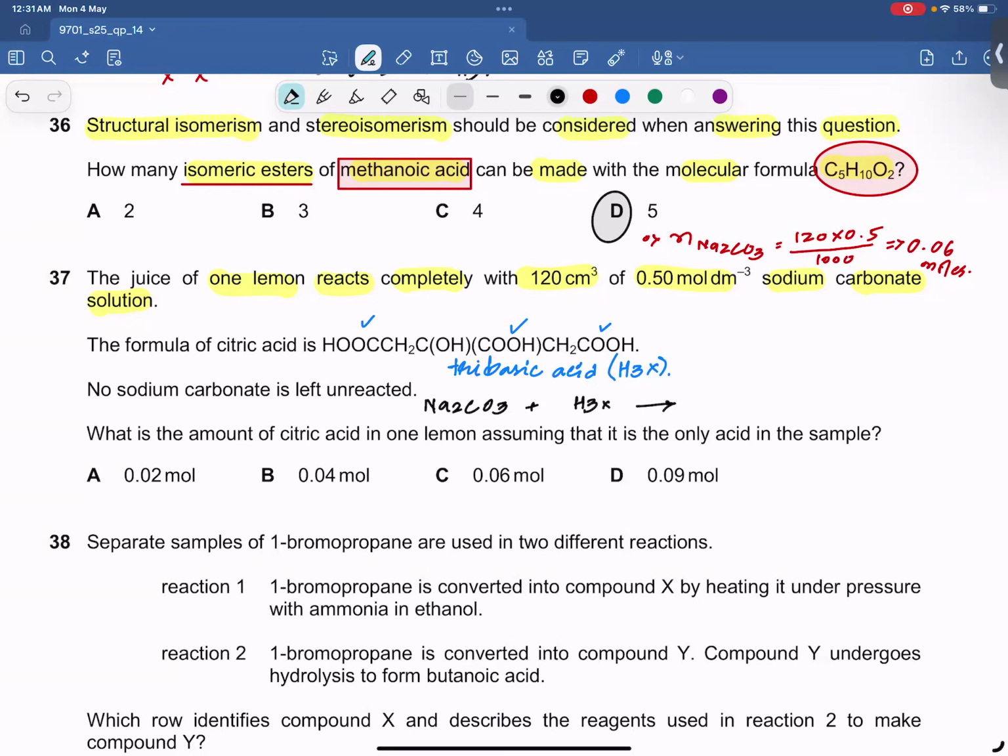So it's going to be Na3X plus water plus carbon dioxide. That's tricky, very tricky. How many sodium in Na3X? 3. So put 3 here, that makes 6, so put 2 here.